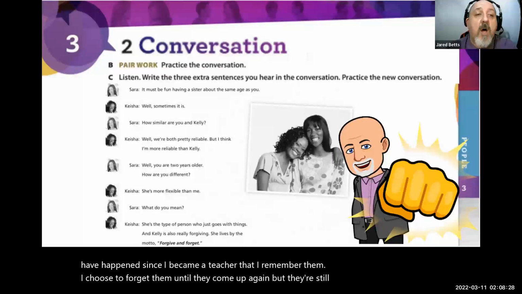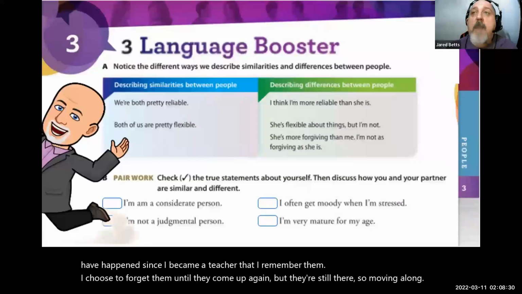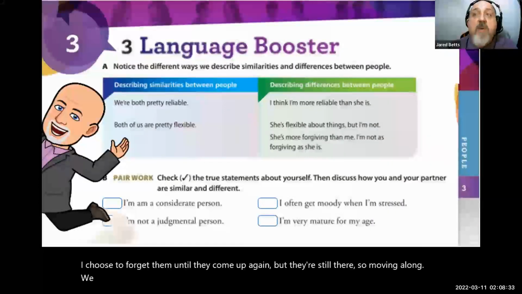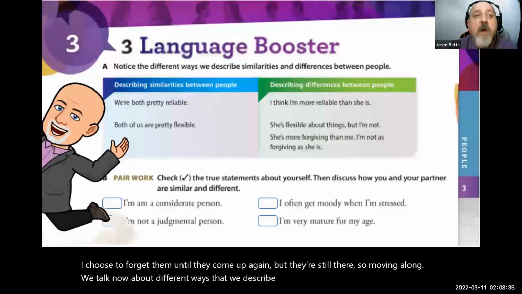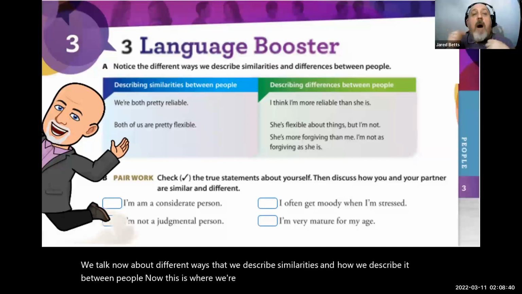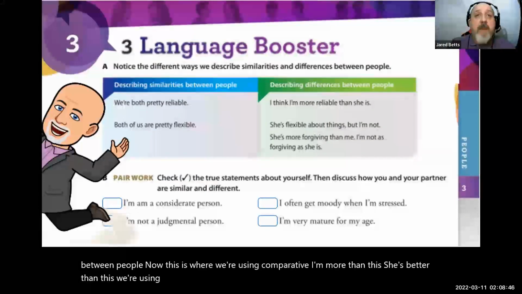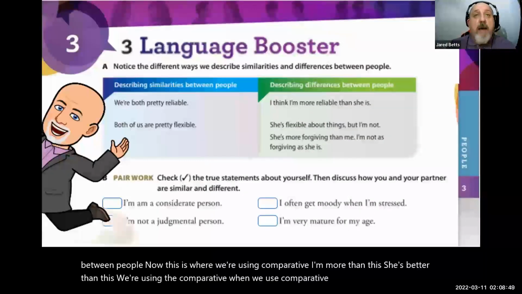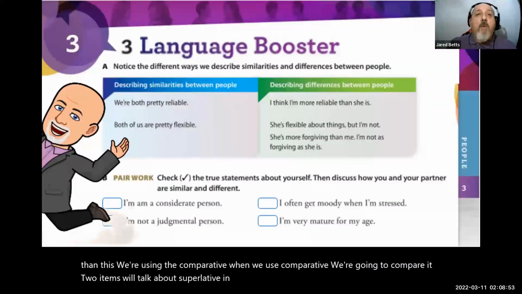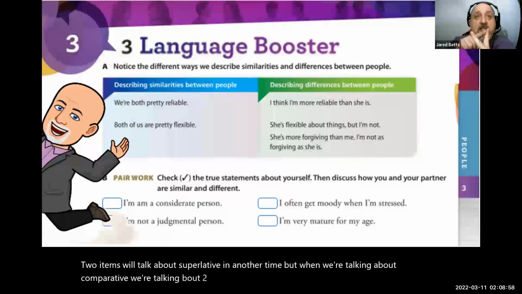So moving along, we talk now about different ways that we describe similarities and how we describe it between people. Now, this is where we're using comparative. Oh, I'm more than this. She's better than this. We're using the comparative. When we use comparative, we're going to compare two items. We'll talk about superlative at another time, but when we're talking about comparative, we're talking about two different things, how they can be the same or how they can be different.